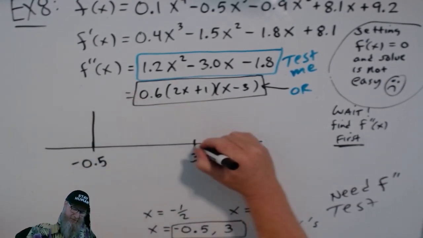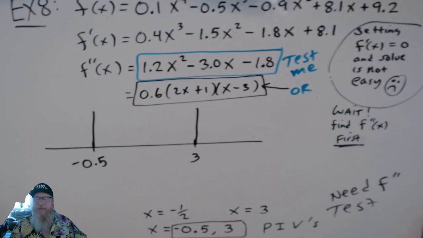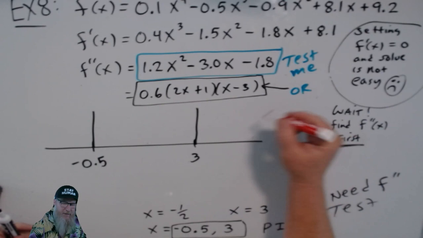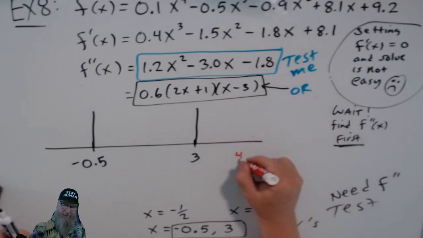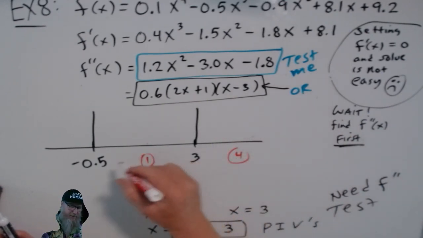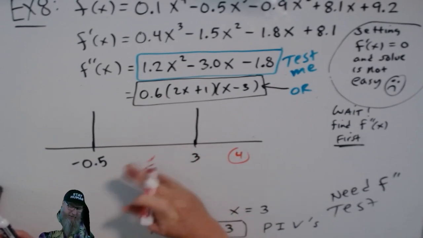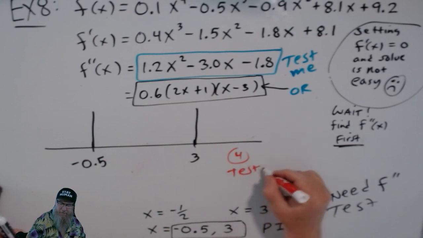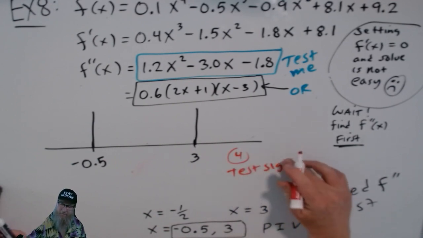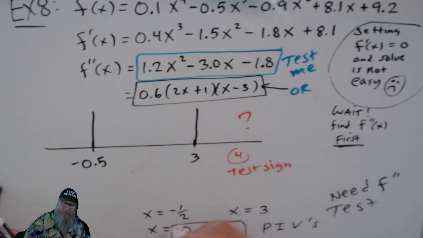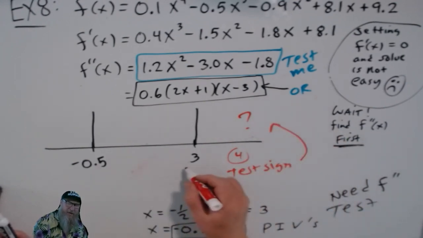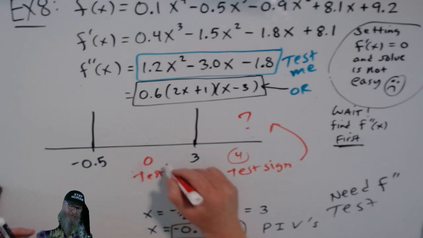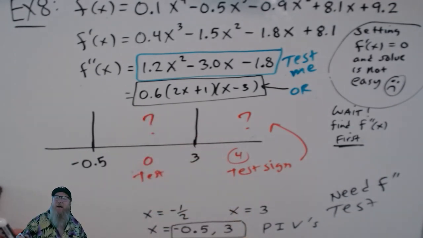So we've got negative 0.5 and we've got 3. That's our partition. I like to draw these boundaries here. Remember, it's a sign test, right? So all we care about is whether the sign is positive or negative. So I'm picking a number bigger than 3, and a number between negative 1/2 and 3. So how about 0? These are my test values.